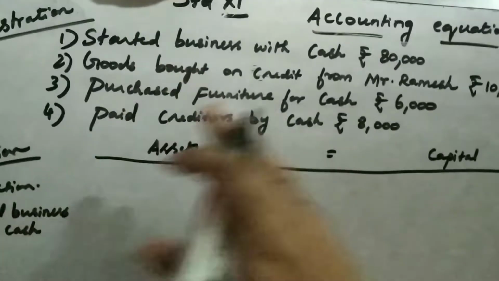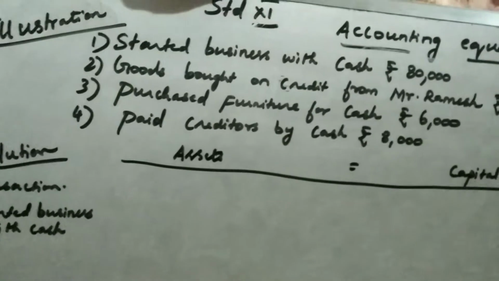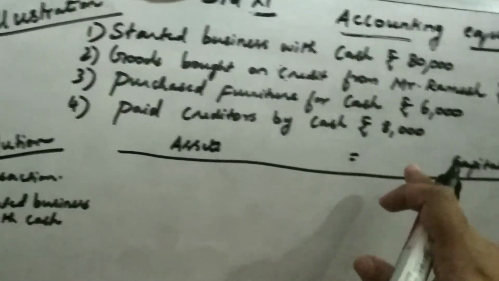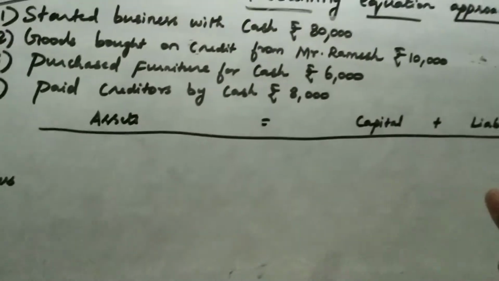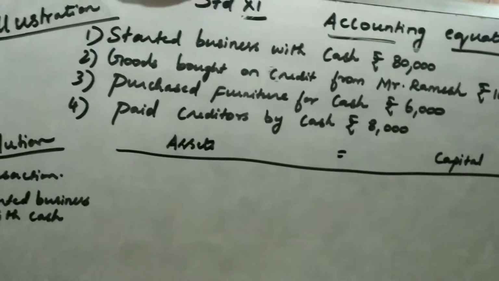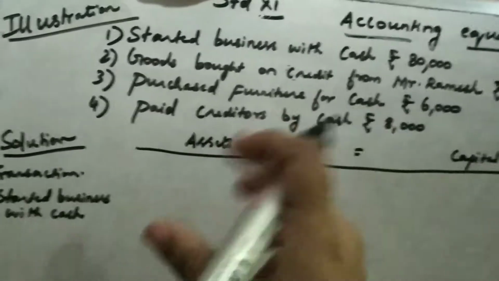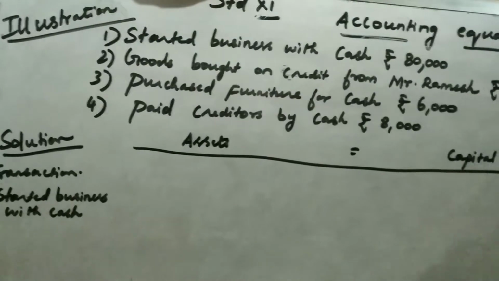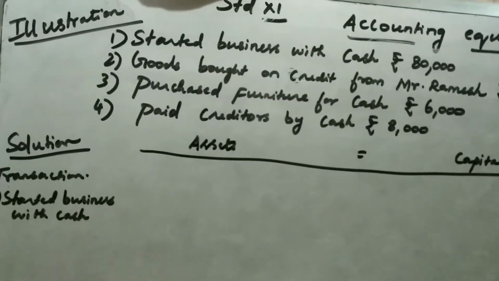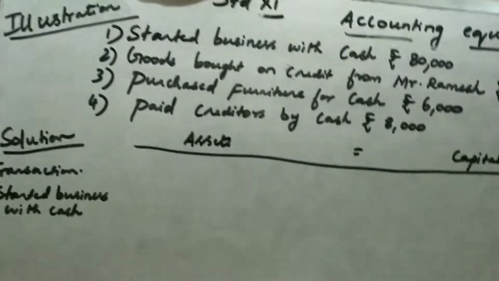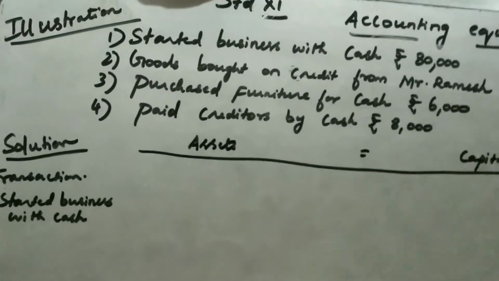On your left hand side, you write assets, and on the right hand side, you write capital plus liabilities. In between, you write the equal sign. Use both the sides, because you may have as many assets on one side and capital and liabilities on the other, and you may not have enough space to write it on a single sheet.